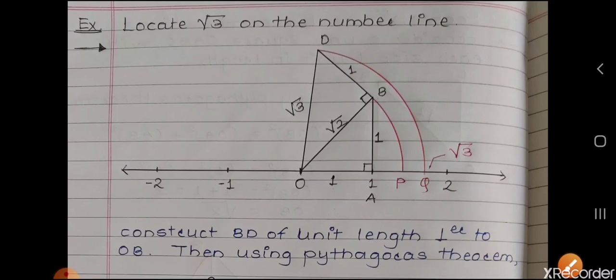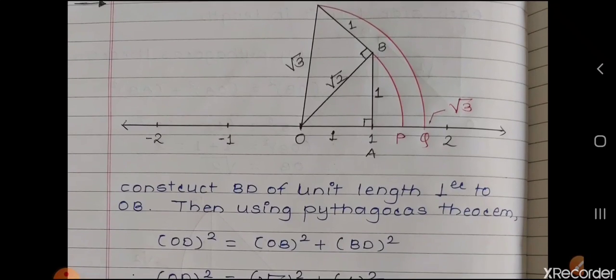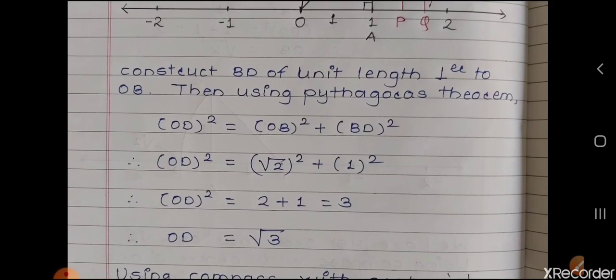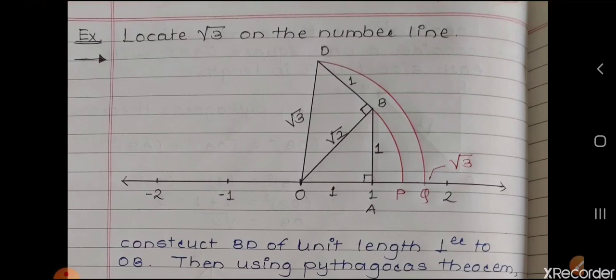Therefore we get OBD is a right angle triangle. By using Pythagoras theorem we get OD square is equal to OB square plus BD square. So we get OD is equal to square root of 3.